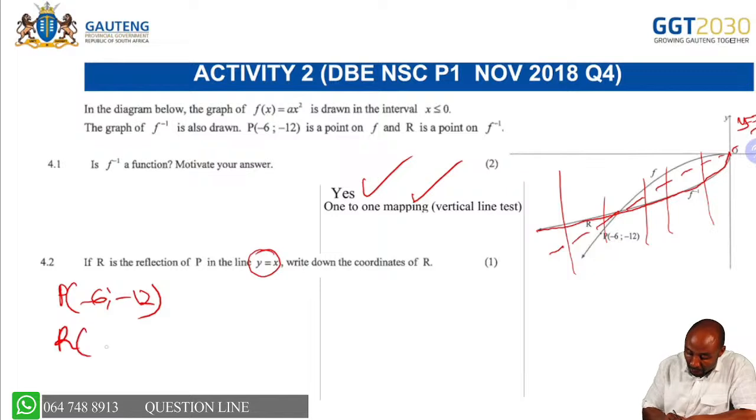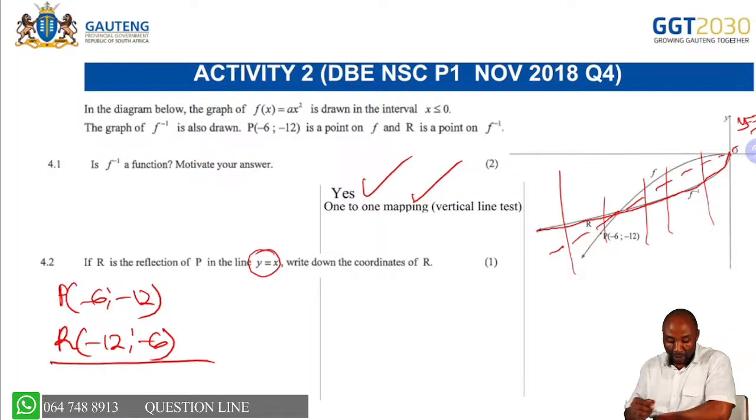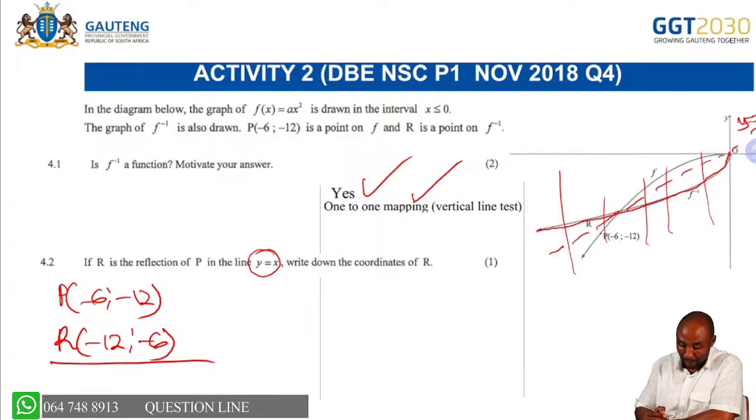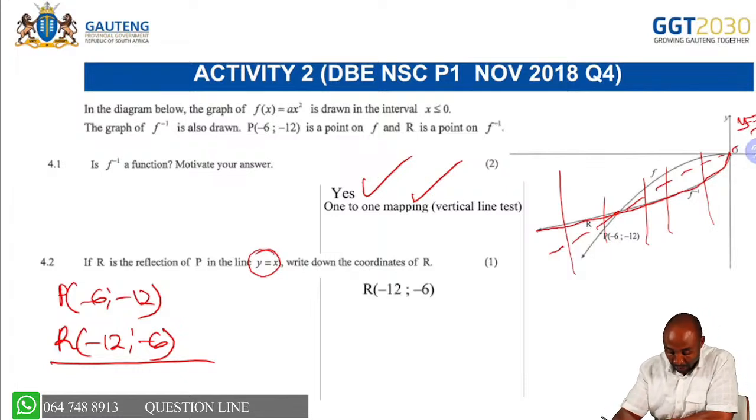So R will have coordinates -12 and -6. You can see that this question is testing us on the understanding of the meaning of an inverse function and how it relates our x values on the original function and how they swap position with the y values. So that point, you know that x and y just swap positions. We move on to 4.3.